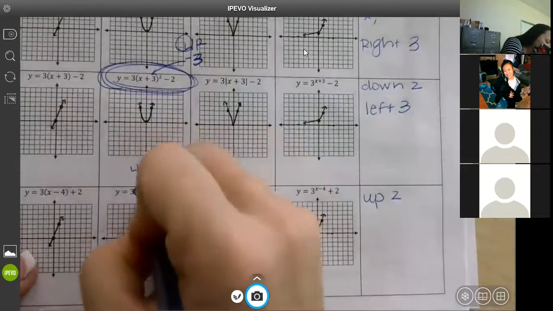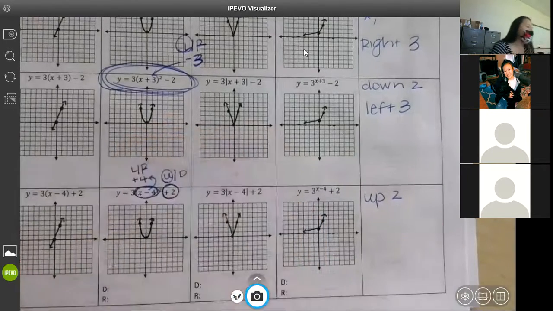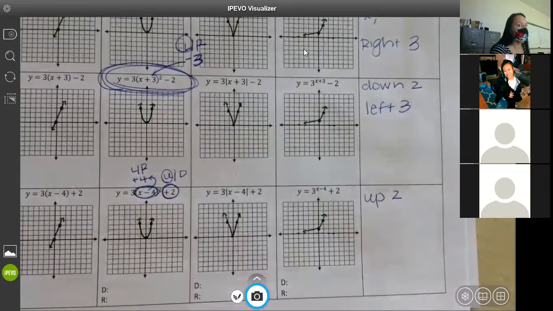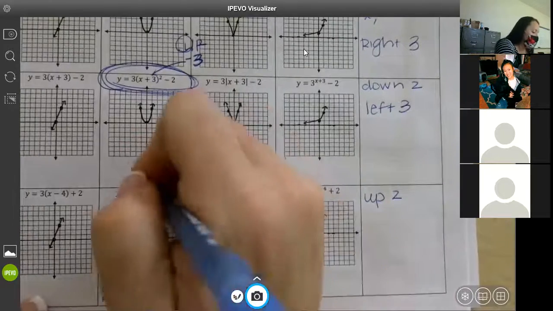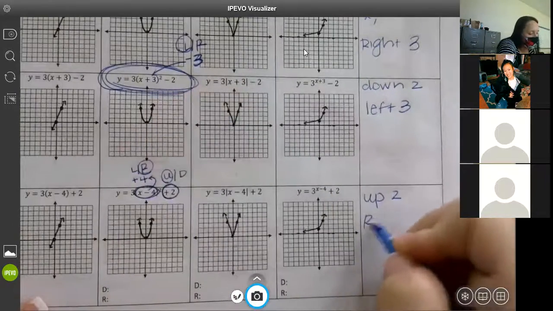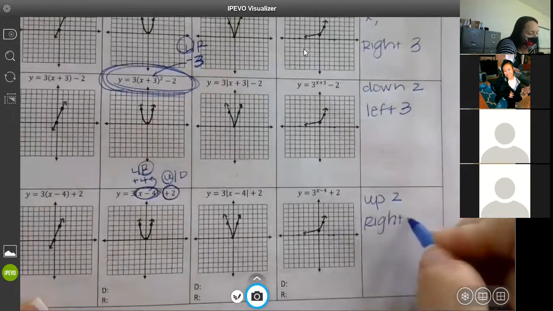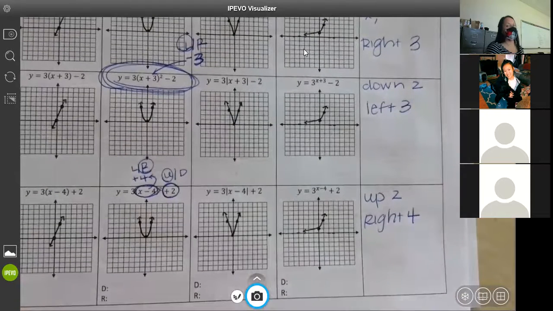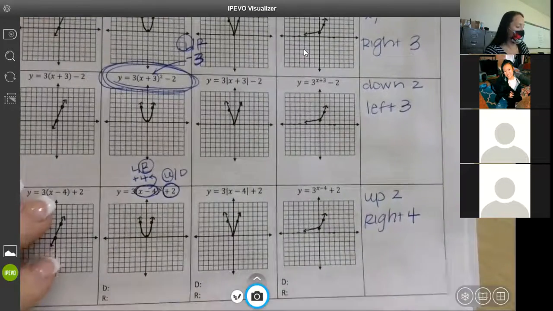And remember, you're going to pull it out and make it opposite sign. So this is going to be a positive 4. Since it's positive, which way does it go? Left or right? Right. And it goes right 4 because that's the number that's with it. All right, everybody good? So far, so good?